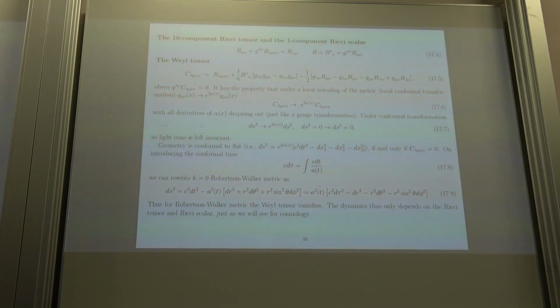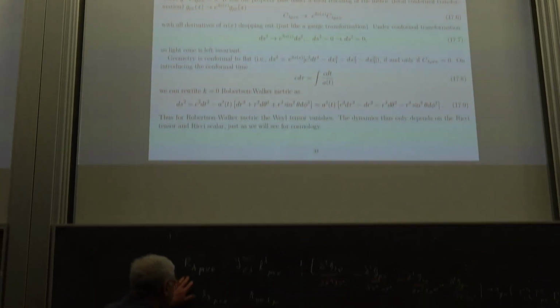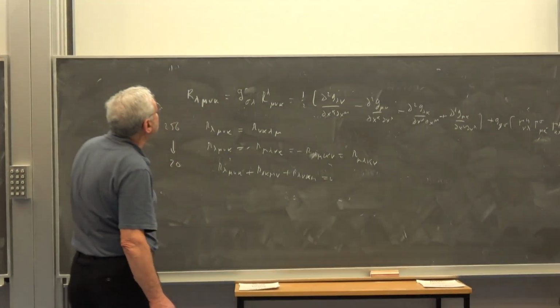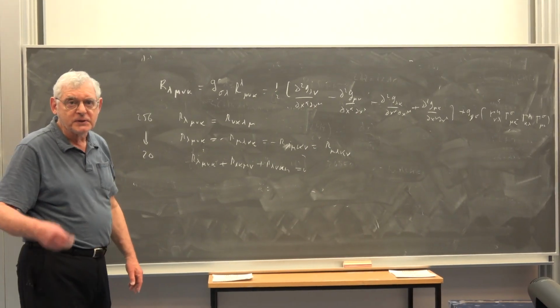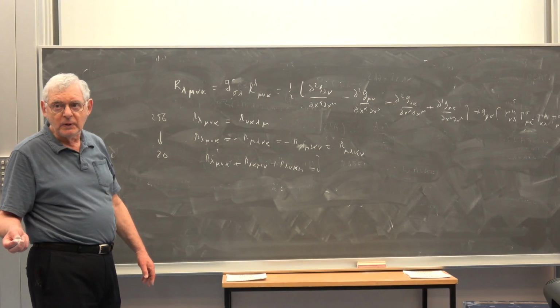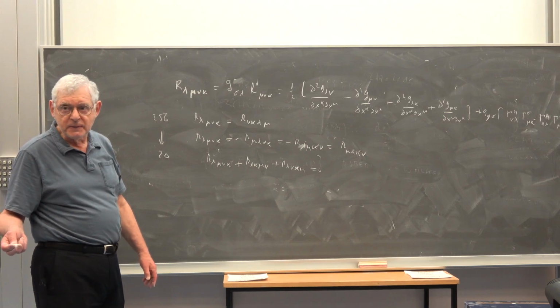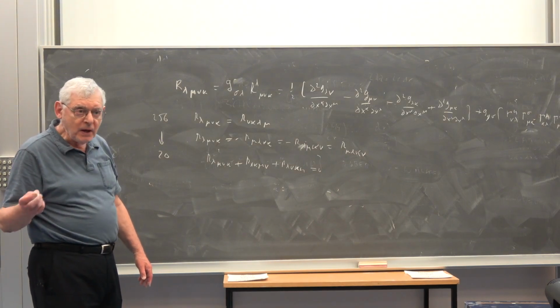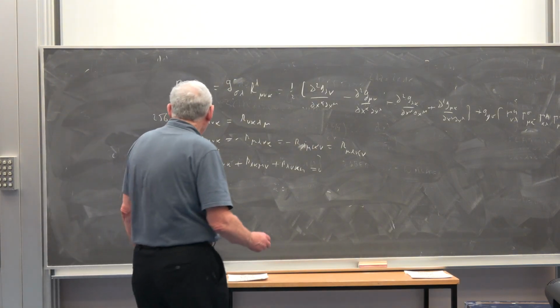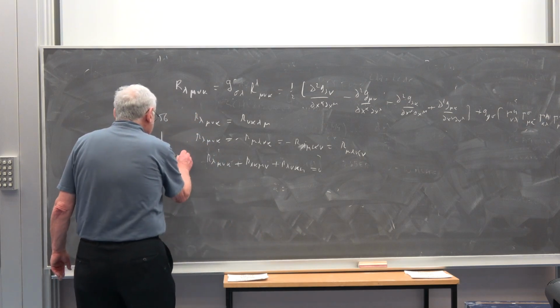And what is happening is the Riemann tensor has 20 components. The Ricci tensor only has 10 because it's 4 times 5 over 2. It's symmetric. So what happens is 20 is equal to 10 plus 10.